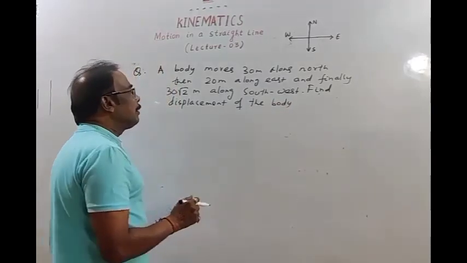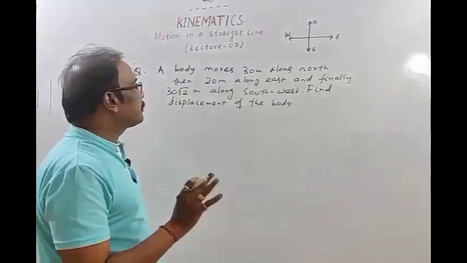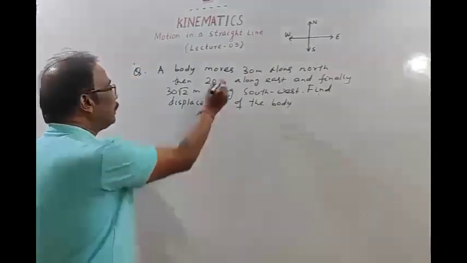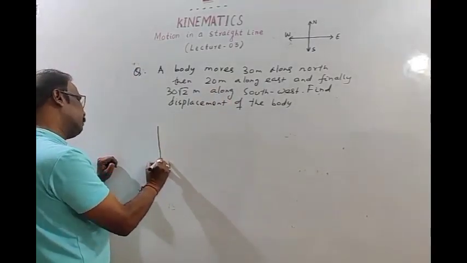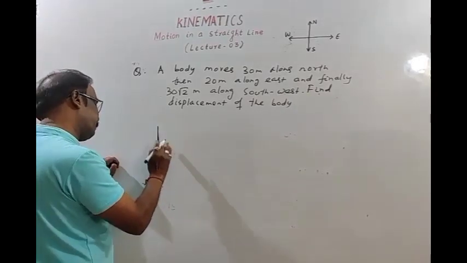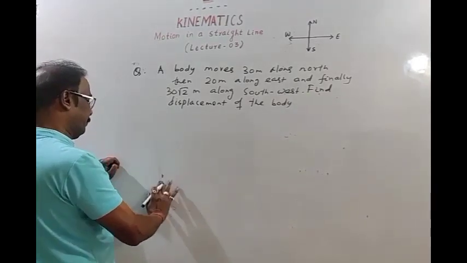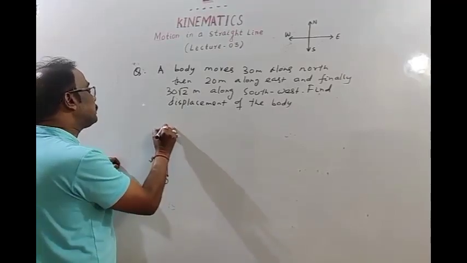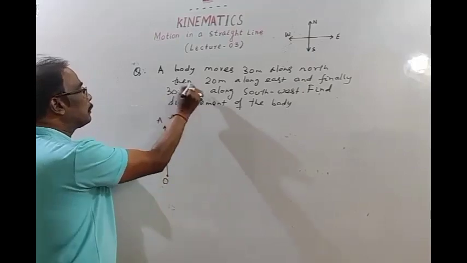Okay. As the directions are given, let's first represent it roughly. Okay. 30 meter along north. Let the body start from O, and reach a point A along north.